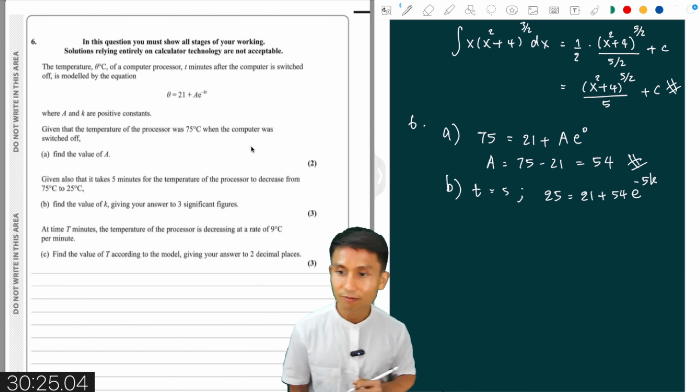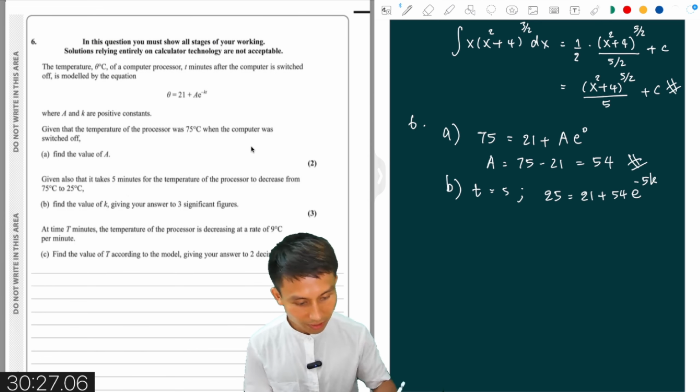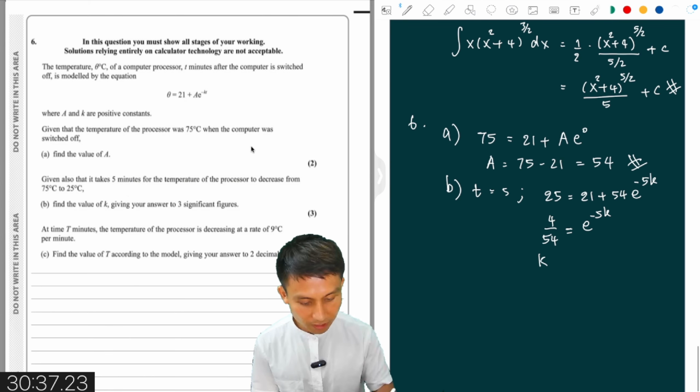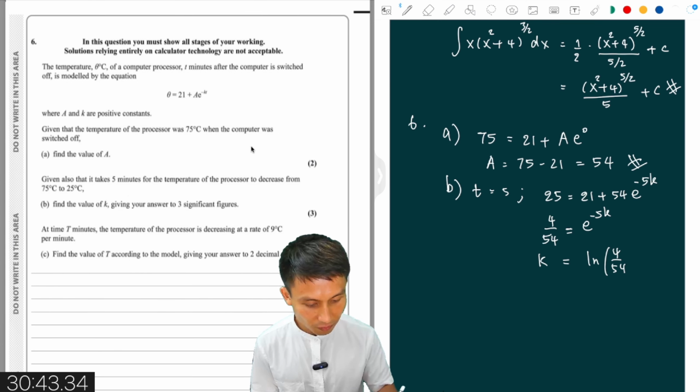Okay, so 25 minus 21 is 4, over 54, equals e to the minus 5k. So if we want to find the value of k, we have ln of 4 over 54, over minus 5.